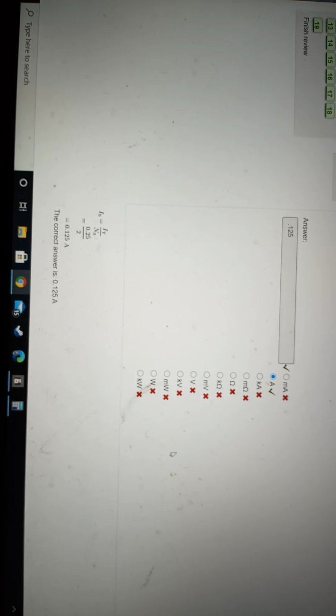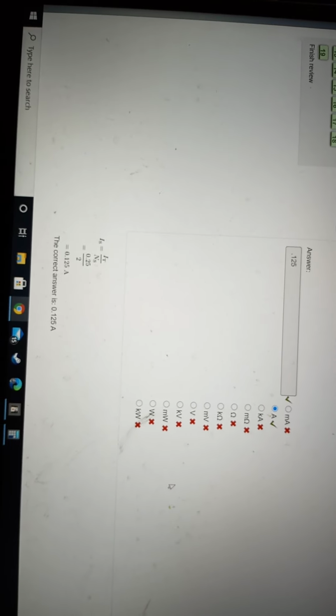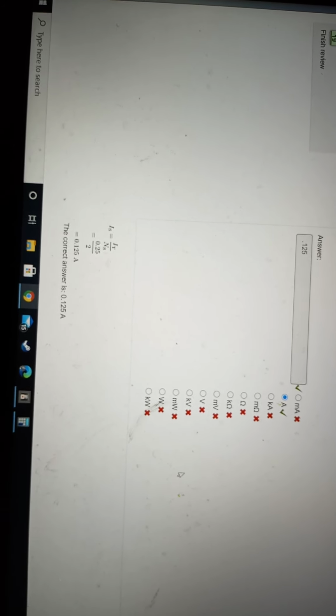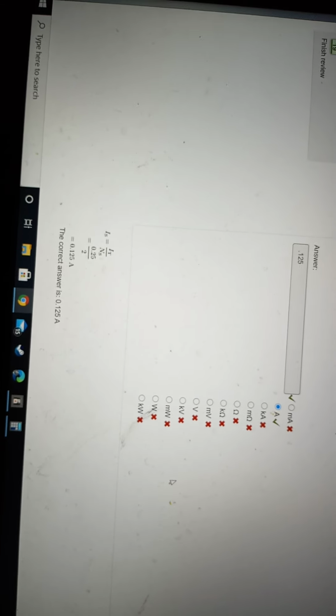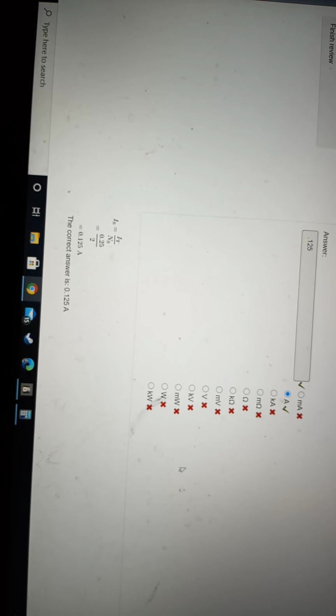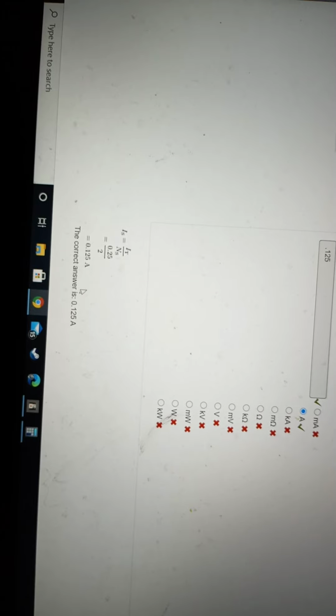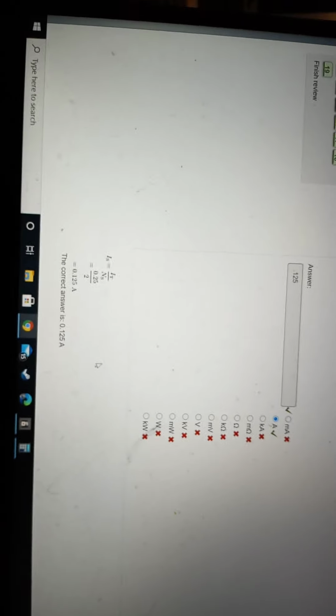So remember that: IS equals IT over NS. So the total current, 0.25, over the number of sources, which is 2. We had 2 batteries. It gave us this number here, 0.125 amps from each.